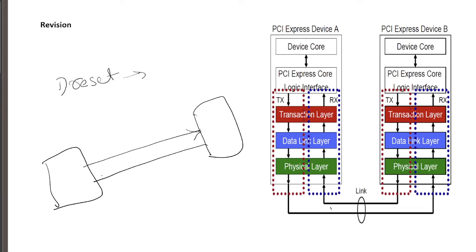This we call the link training state machine, LTSSM. We'll see in the physical layer how link training happens. As of now, understand this is the RC, this is the host, and the EP endpoint is connected through this link. Assume the link is connected by default.